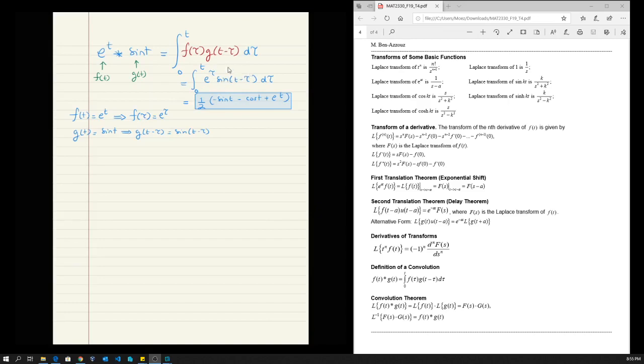That shows you that when you're doing convolutions in general, it's not always an easy thing. In real life, when engineers work with convolutions, they often leave it as an integral like this. When they leave it as an integral, it allows them to approximate it using numerical integration techniques, and they can do it for bursts of time.